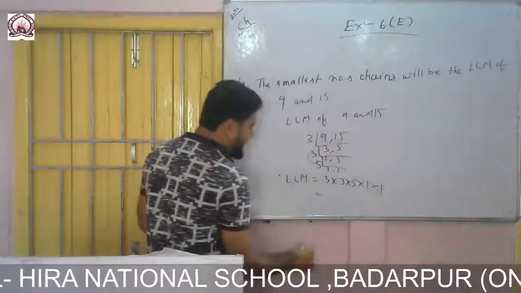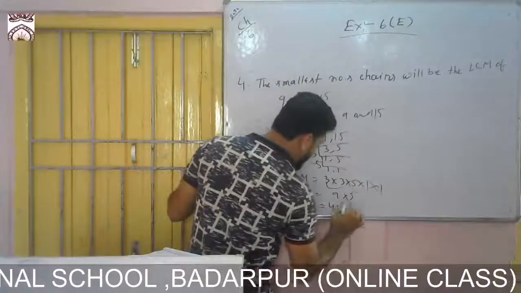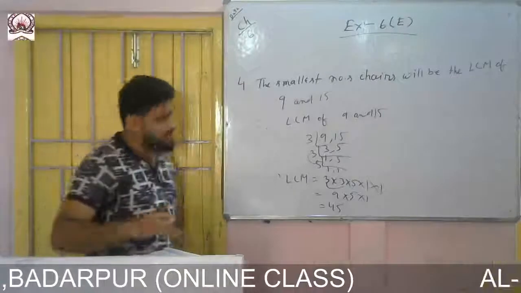So 3 3s are 9. 9 into 5 is 45. Okay? 45. So that is the required answer.